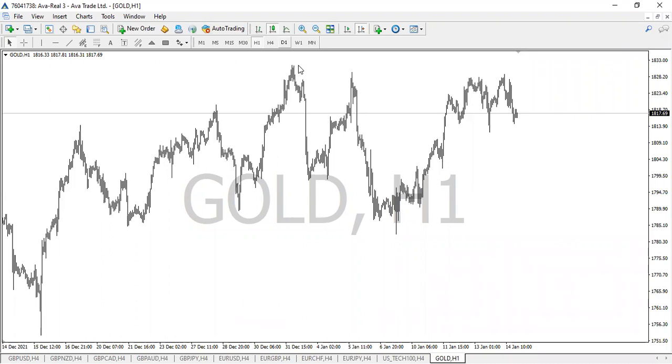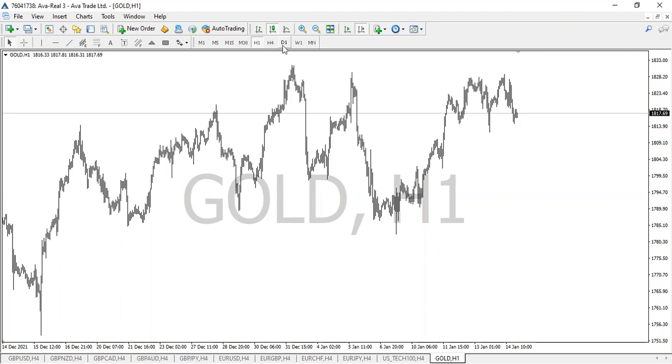So these pairs are different. If you're going to analyze gold, it depends on the kind of trader you are. Normally I day trade, which means I enter my trades and close my trades the same day.